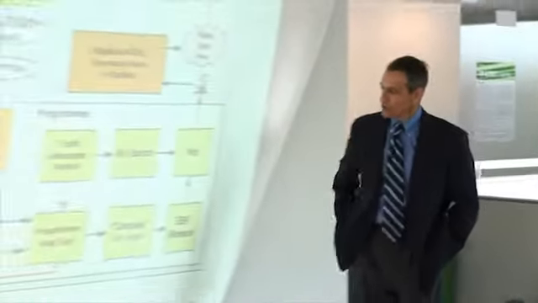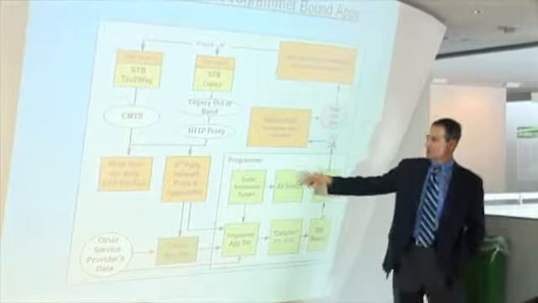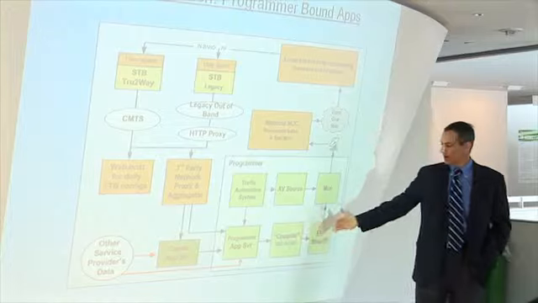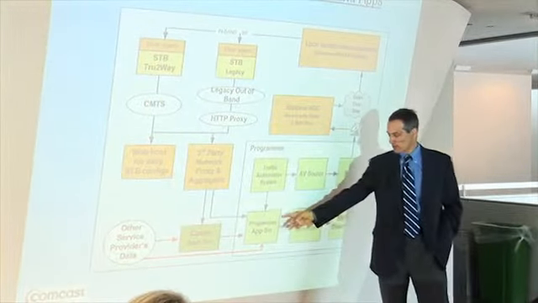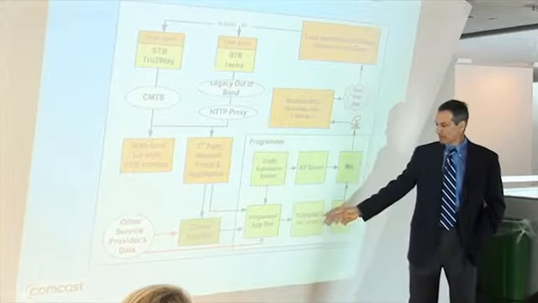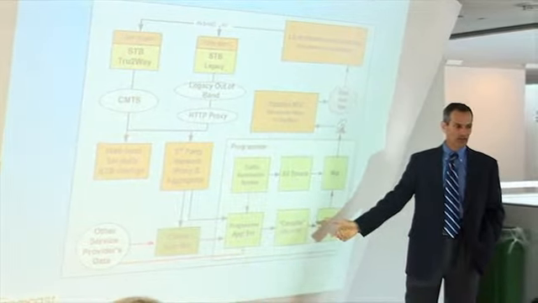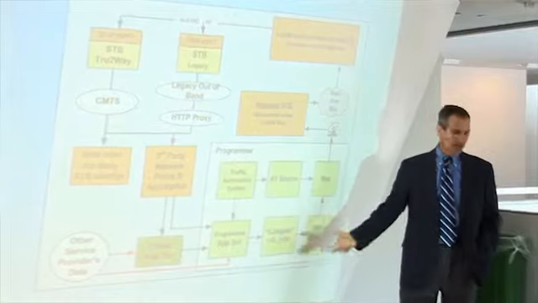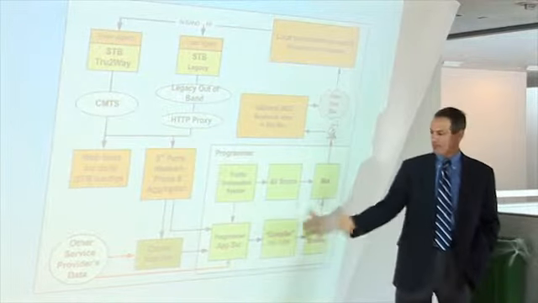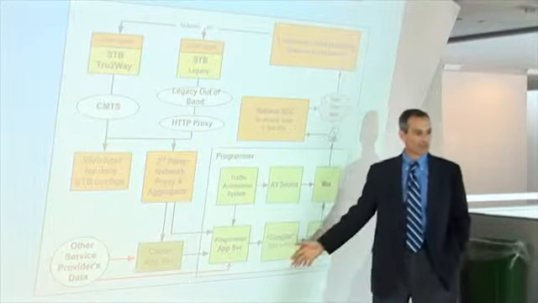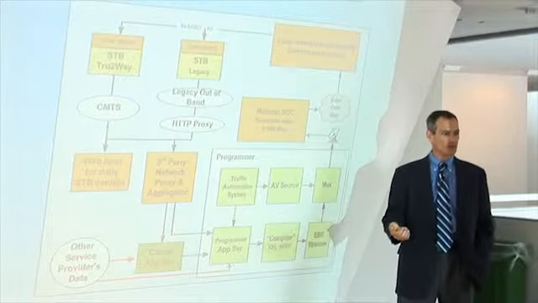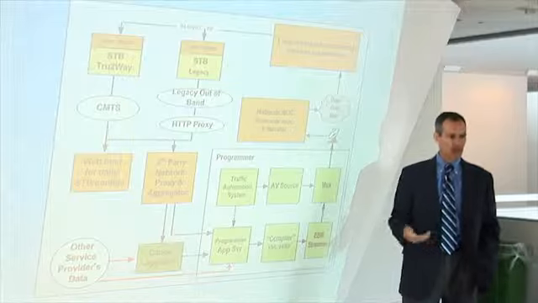So the complications for the programmer for the bound app are they need to do just that. They have an app server to generate an application that's tied to their video, relevant to the video. In the Home Shopping Network case, every 5 or 10 minutes when the product changes on screen, the server tells the app to change and present information for the new product, so it's synchronized to the video.